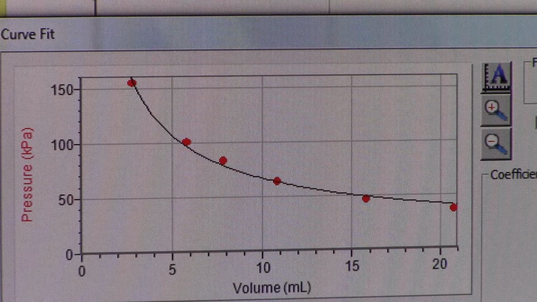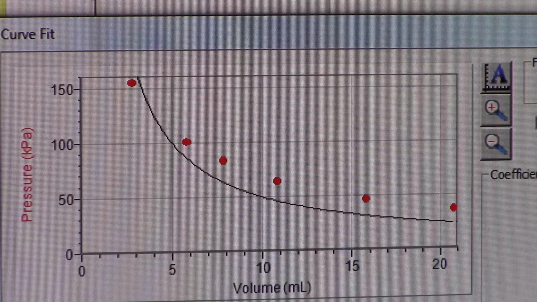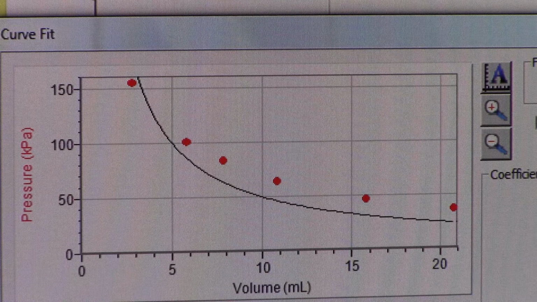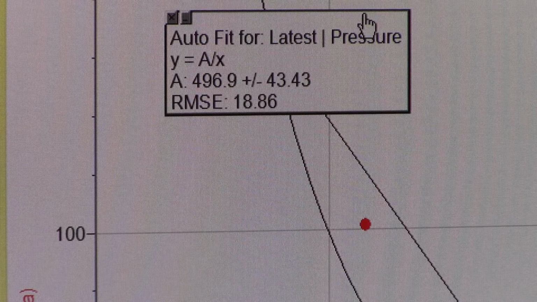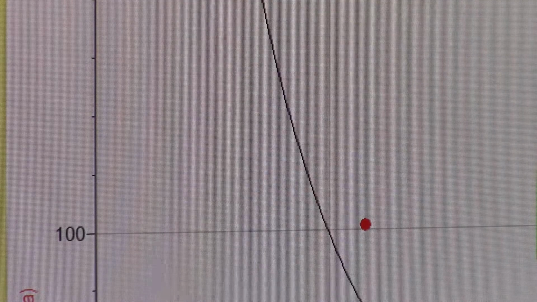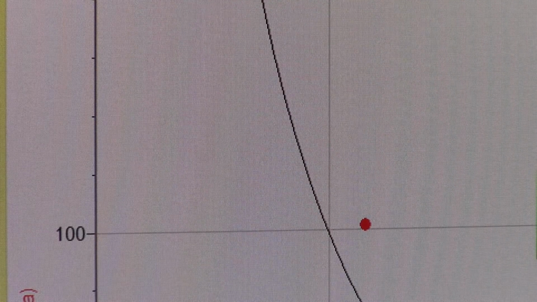It's a over x, and that one is really our best one. Even though it doesn't seem to fit the best, it's supposed to be our best one. Now I don't know why it's not fitting as well as it should, but it's the one that we should use.